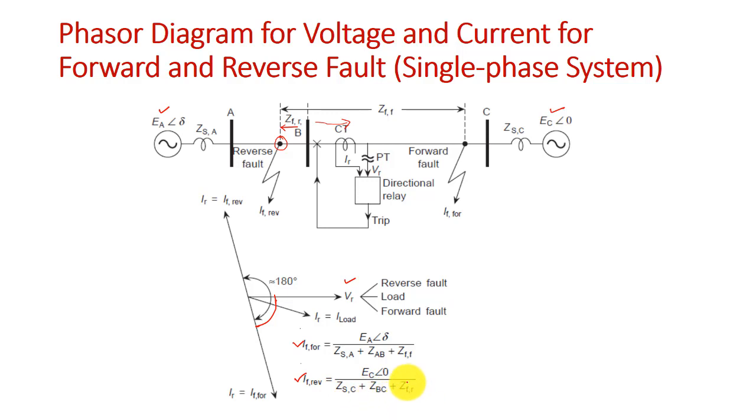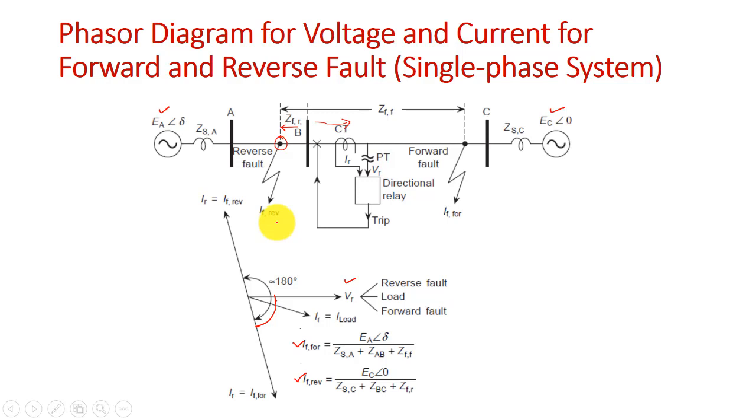ZFR is the fault impedance in the reverse direction from location B where the relay is connected, ZBC is the impedance of line section BC, and ZSC is the source impedance of the source at bus C.